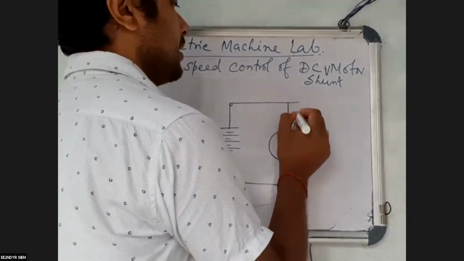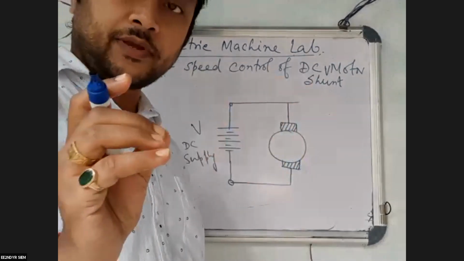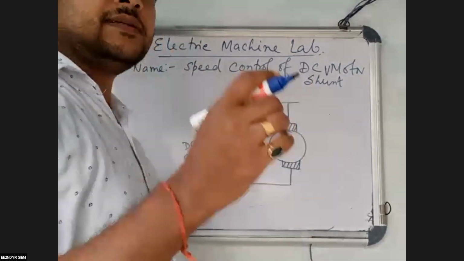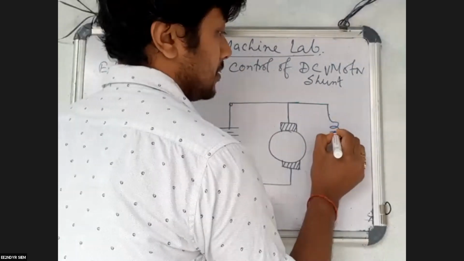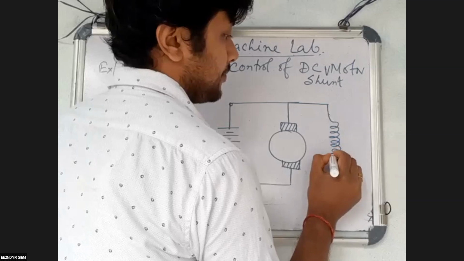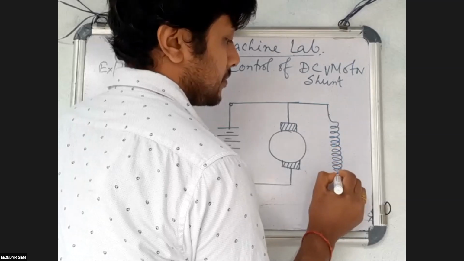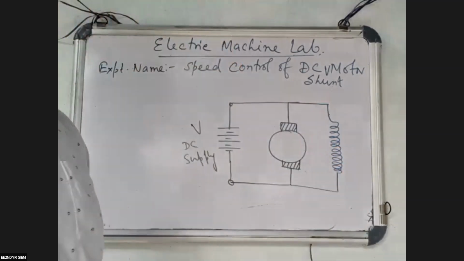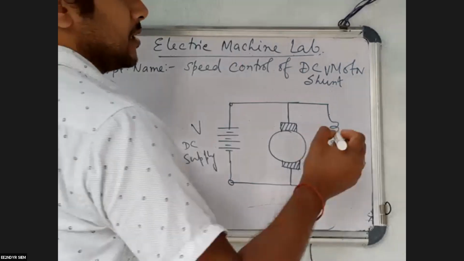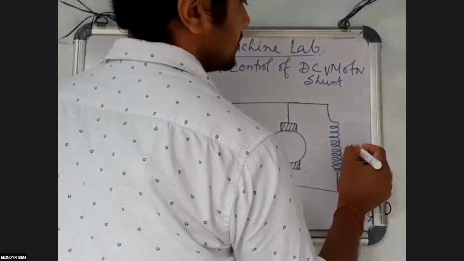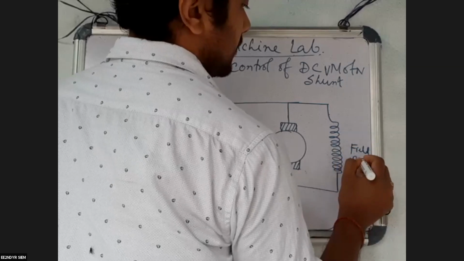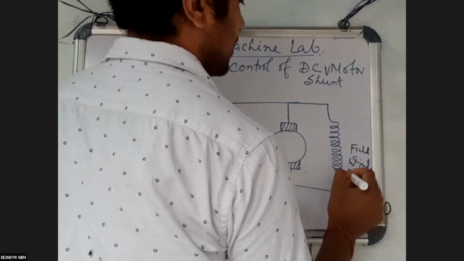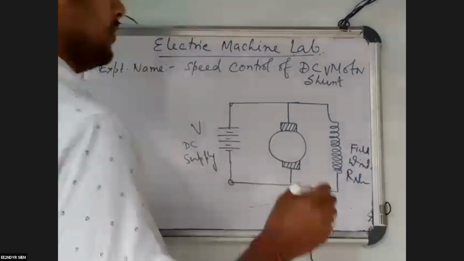Okay, and it is called shunt because field winding is shunted. So this is the field. Field winding is shunted, right? So I'm writing here field winding RSH. I'm giving a name RSH.